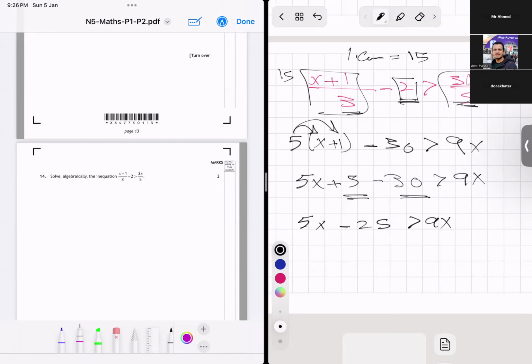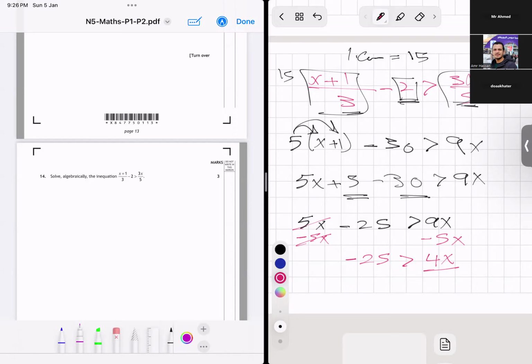I'm trying to combine the like terms together. So I need to subtract 5x from both sides, the left-hand side and the right-hand side. This one's canceled. This one's negative 25. This one's 4x, right? And then I need to divide by the coefficient, right?